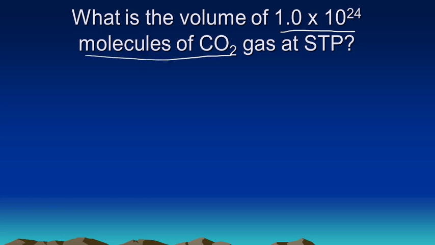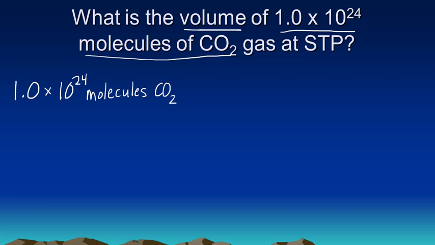So that's what I'm going to write down first. 1.0 times 10 to the 24th molecules of CO2. And the question is, what is the volume? Well, you need to know that volume is measured in liters. And so here at the end, we're going to have liters of carbon dioxide.